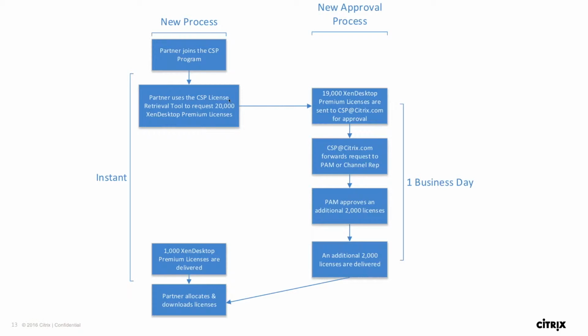The account manager can either approve or disapprove the additional licenses. Well, in this case, the account manager says, well, 19,000 licenses, that's a lot. So I will just approve 2,000 licenses, and then the additional 2,000 licenses are delivered, and you can use them. And that all in one business day.